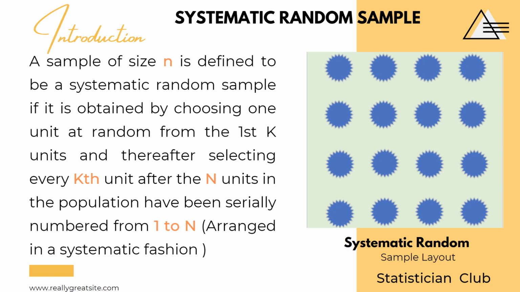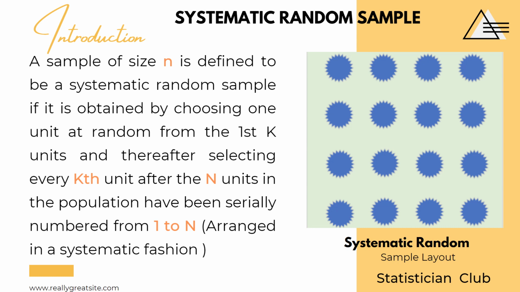After the selection of 5, we select each unit after interval 10: 5 plus 10 is 15, then 25, 35, 45, 55, and so on up to 95. So these units are selected according to systematic random sampling.